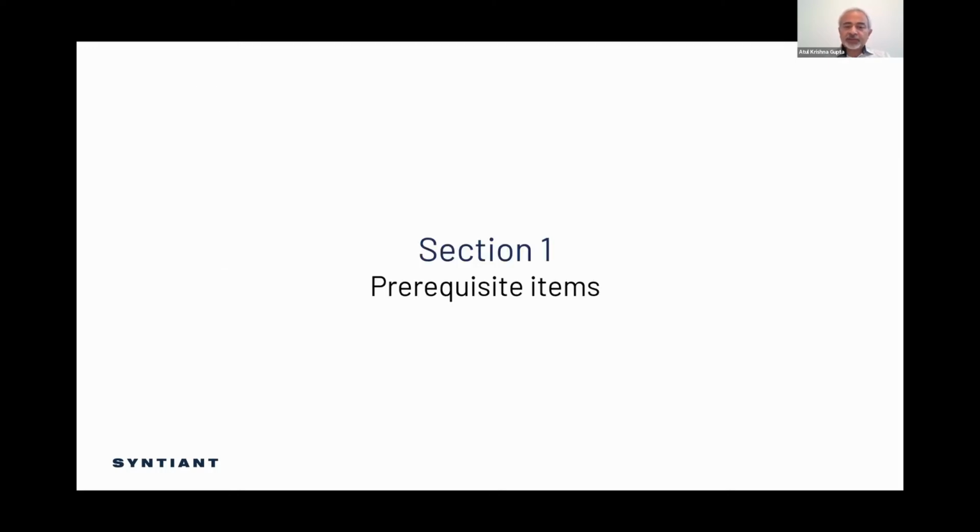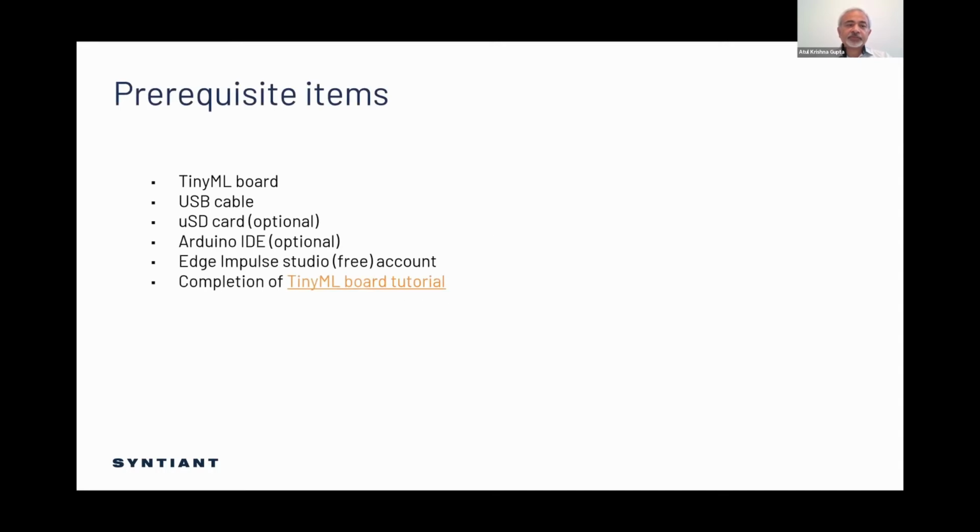Let's get started with the prerequisites. Of course, for this workshop you need a TinyML board, because that's the board we will be using, and a USB cable to connect it. It's optional to have a micro SD card and the Arduino IDE.